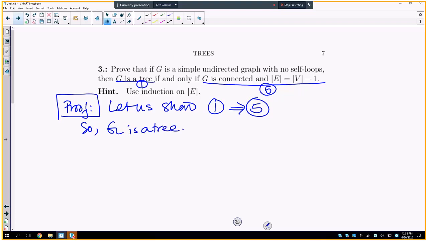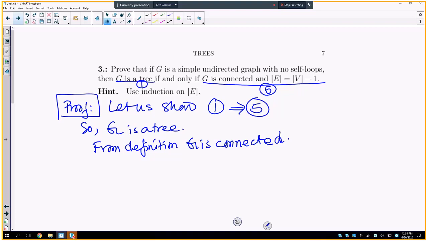Well, from the definition of G being a tree, G is connected. So I have already proved half of the property 5. All I have to show is that the number of edges is the number of vertices minus 1. Okay, let's try to do that. And that is the portion where I'm going to use induction.